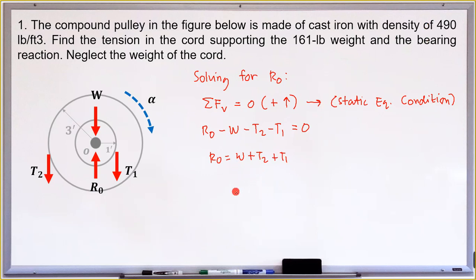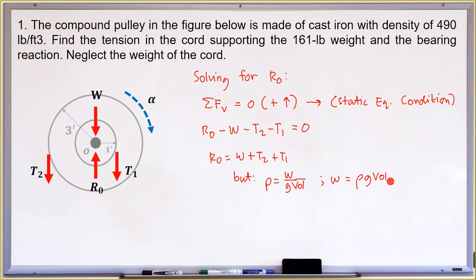Since the density is given, we can use the general formula. Density is the weight over G times the volume, the total volume. Therefore, our weight is equal to rho G times the volume.